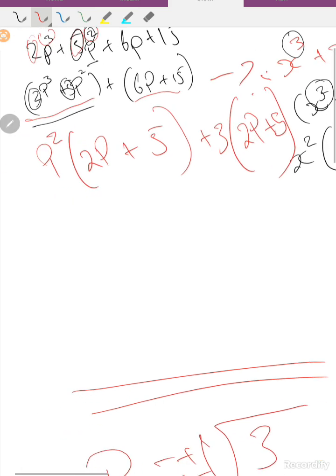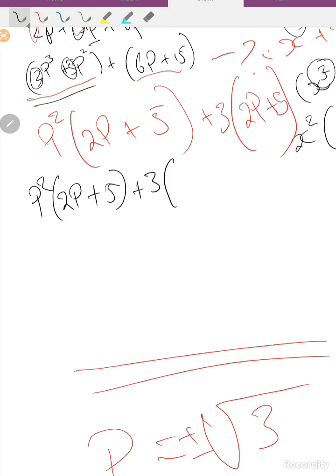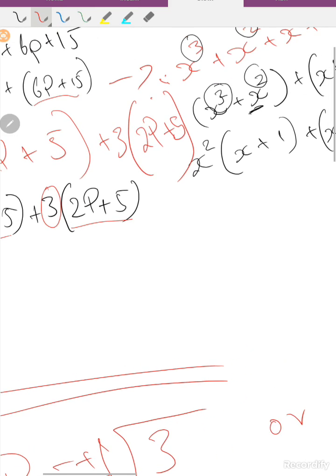Understand? Therefore, let me write it down clearly. 2p plus 5, is it 5 here? Okay. Therefore, you're going to take these values here, since they are the same. But if they were not the same, if they were not common, if they were not looking the same, but let me not confuse you.